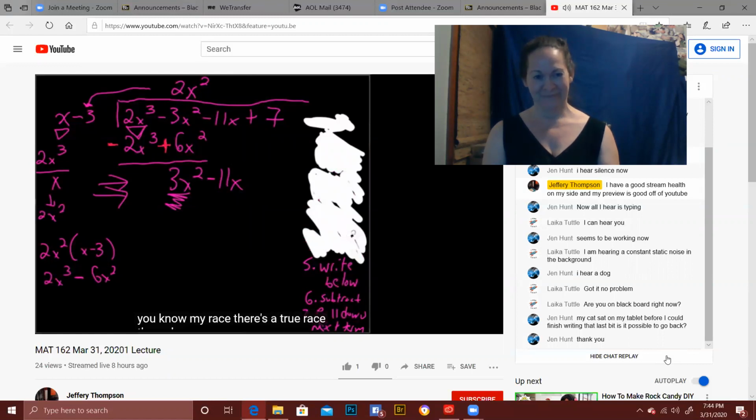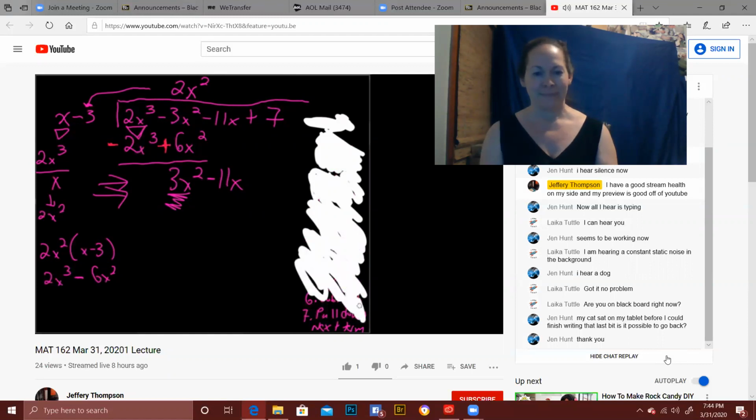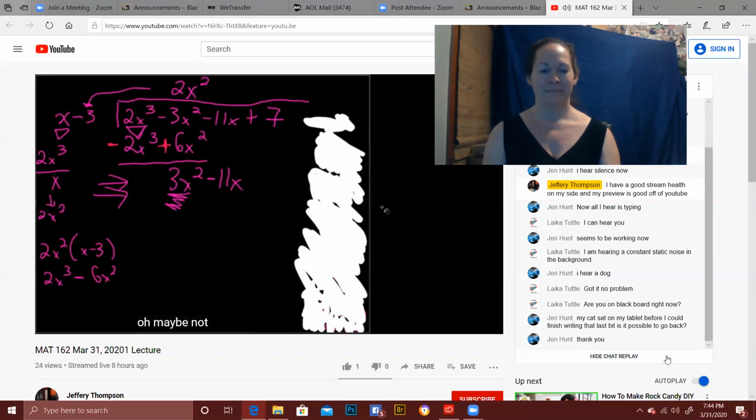My eraser is a true eraser, but I can fix this in a second. Oh, maybe not. I'll fix this in a second.